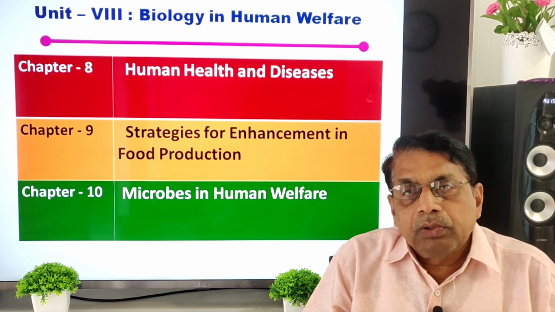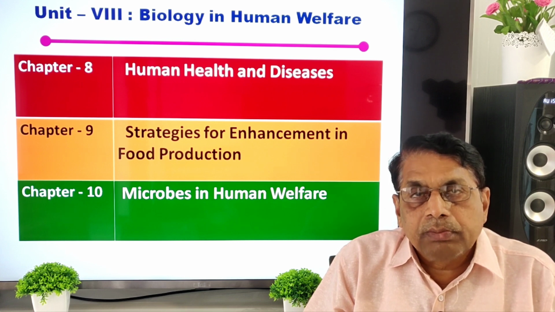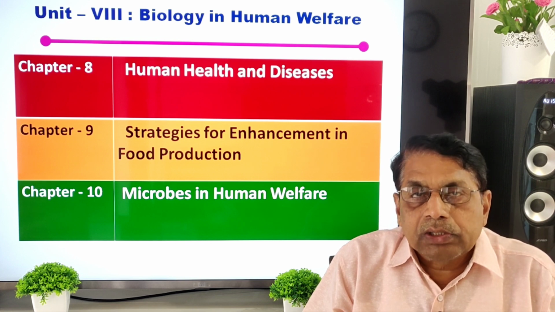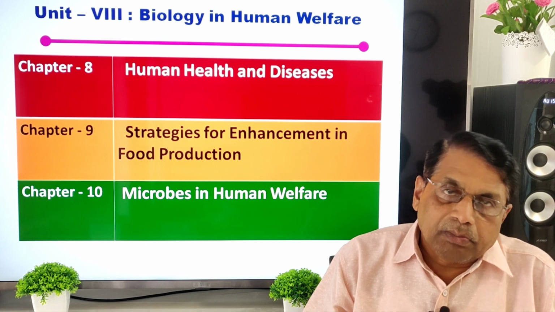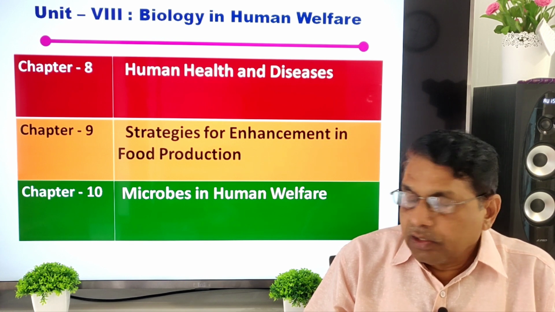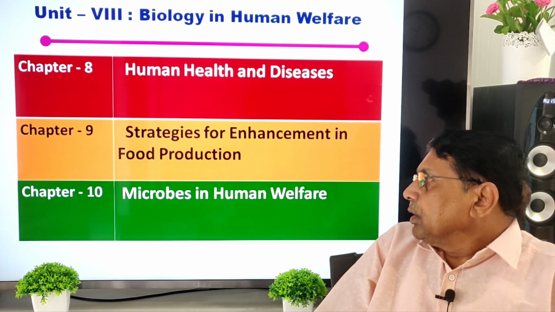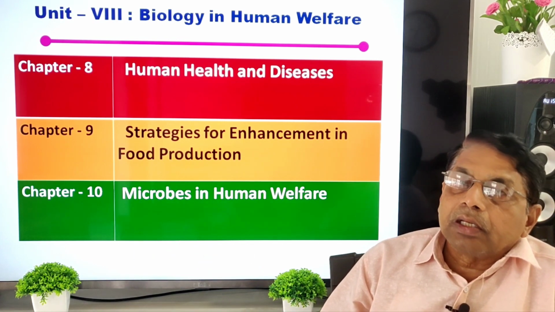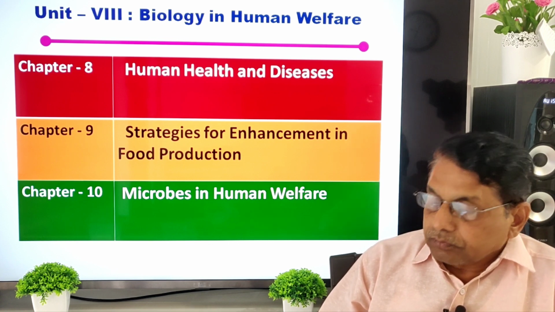Then we are able to get the different types of beverages, beer, brandy, whiskey, so many things. Similarly, in our kitchen, we get the curd, yogurt. All these are from microorganisms. So, in this chapter, we will learn about what are the microorganisms that are useful to man in various aspects.